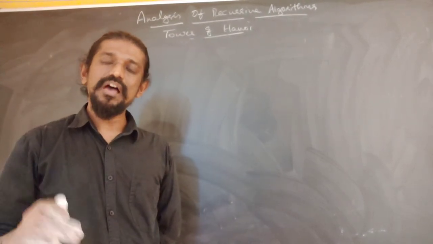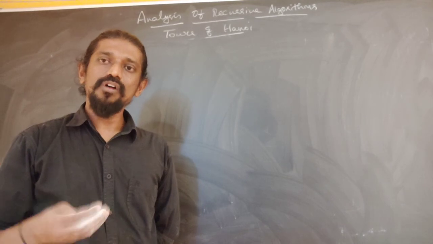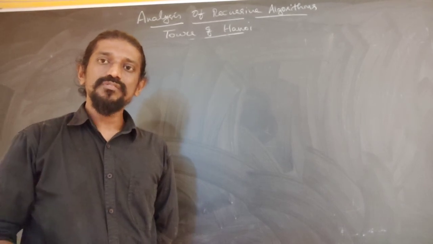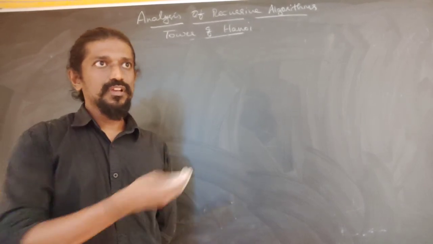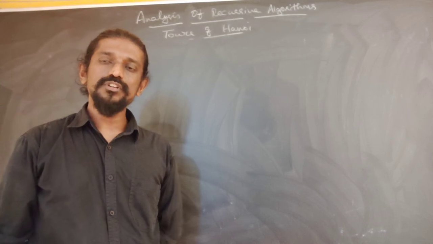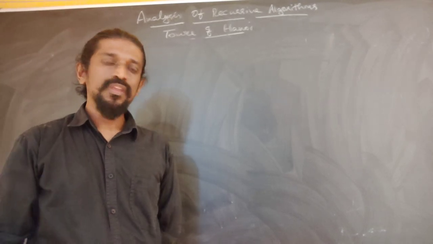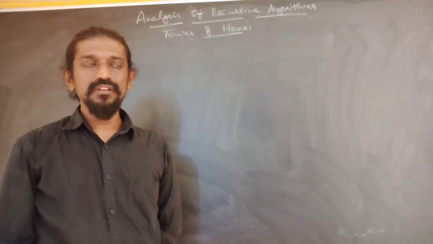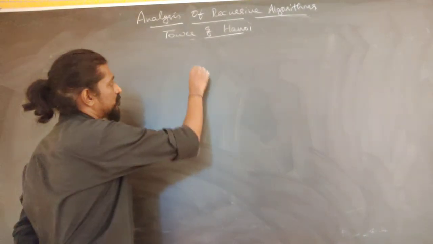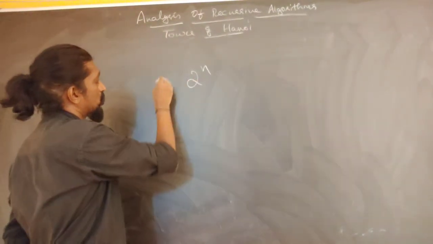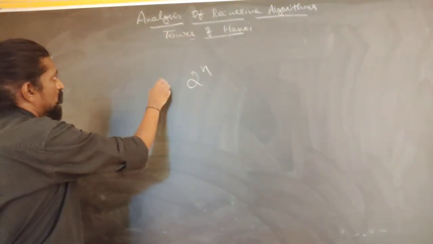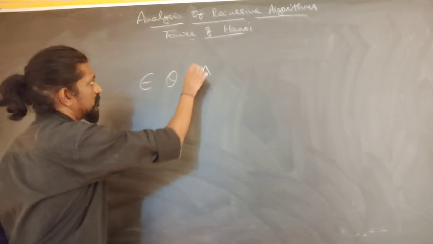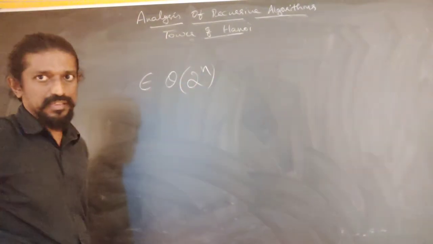The recurrence relation should have an initial condition, also called the terminating condition. When we solve the recurrence relation, we can use the method of backward substitution, or we can also use the Master theorem. We will get the order of growth, and we have seen that the order of growth of Tower of Hanoi is 2 to the power of n. So the order of growth belongs to theta of 2 to the power of n.